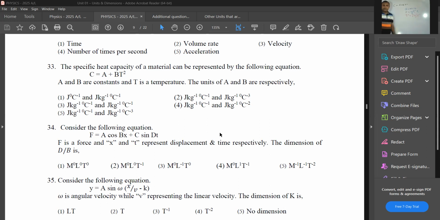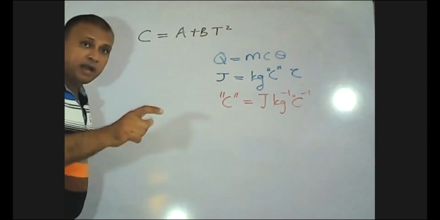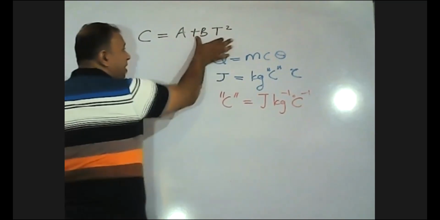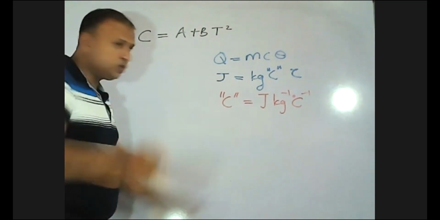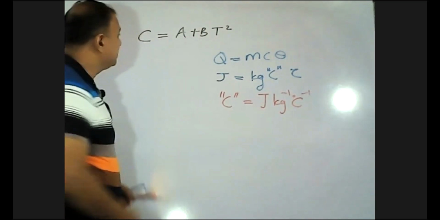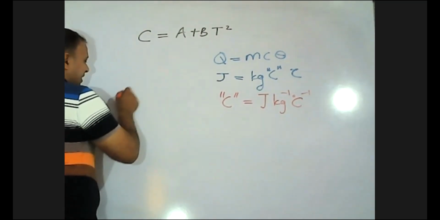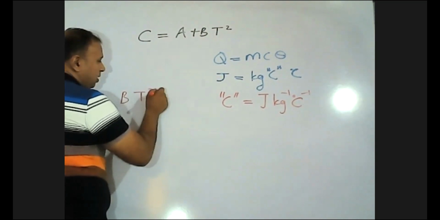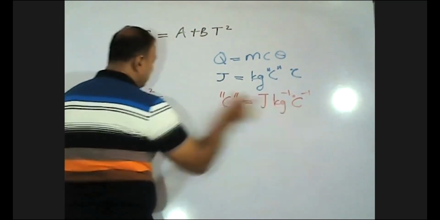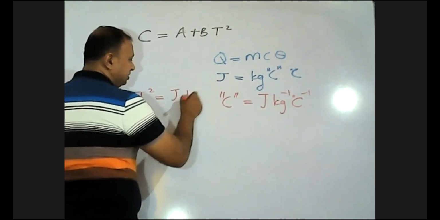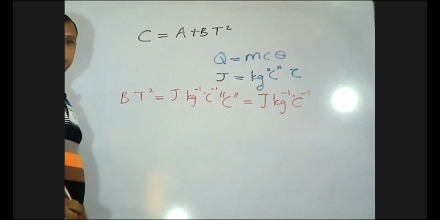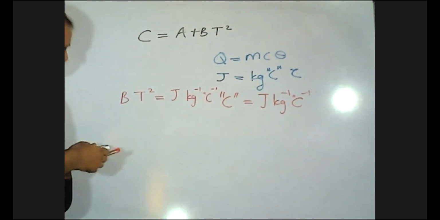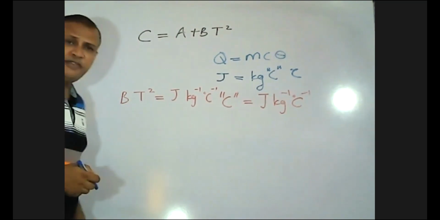Then the second part. According to the same argument, this part, that means BT square part, should be equal to C. That means B times T squared unit should be equal to J kg minus 1 Celsius minus 1. Then you can simplify this.